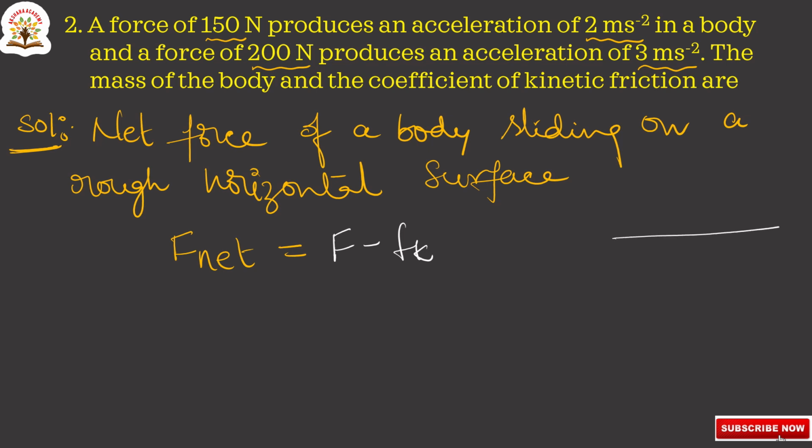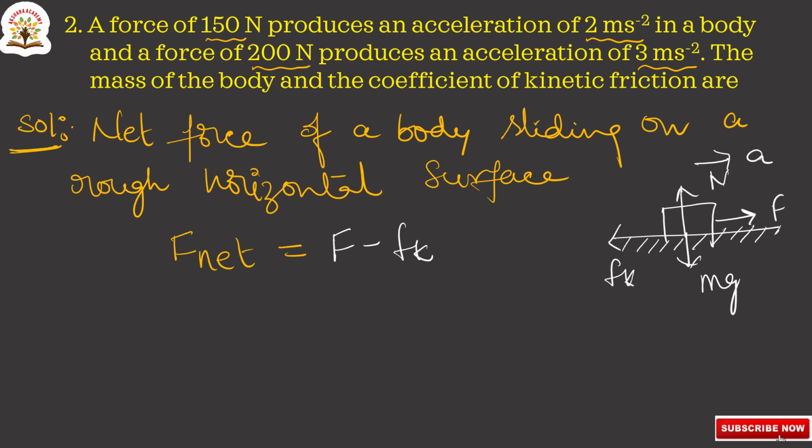Suppose here is the surface, we are placing a block and here applied force, here normal force, acceleration and acceleration due to gravity, weight mg acting vertically downwards, and this is a kinetic friction.